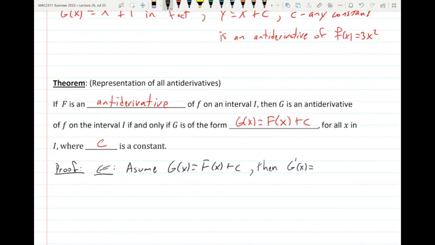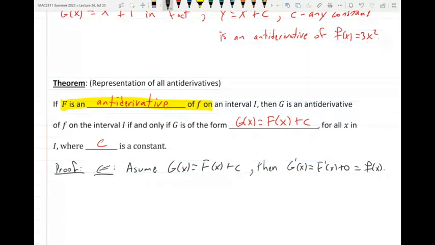What is G prime equal to? That would be capital F prime plus 0. But what is capital F prime? By definition, capital F is an antiderivative of little f, so this equals little f. Okay? So, of course, if you already have an antiderivative, if you do plus c, you're going to get another antiderivative.